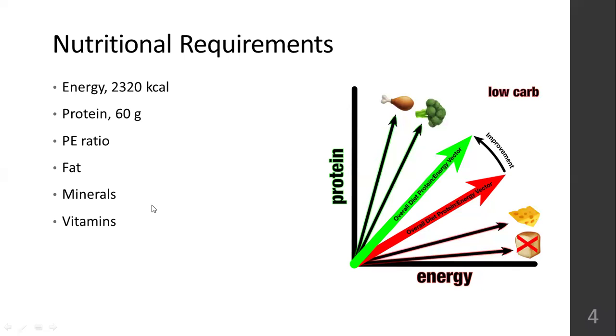Other vitamins like B complexes: thiamine, riboflavin, niacin, pyridoxine, folic acid, vitamin B12. Vitamin B12 deficiency is also very common in Indians. Vitamin D, vitamin B12, iron, these are the most common deficiencies.